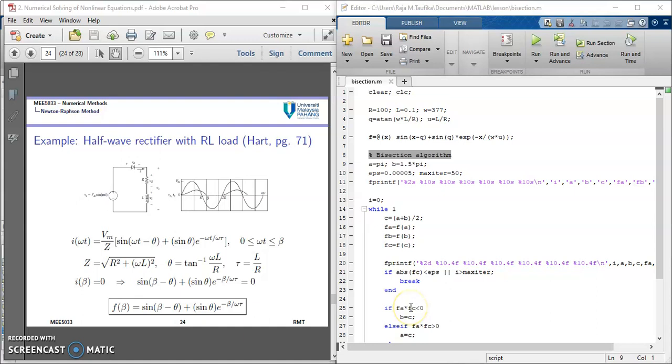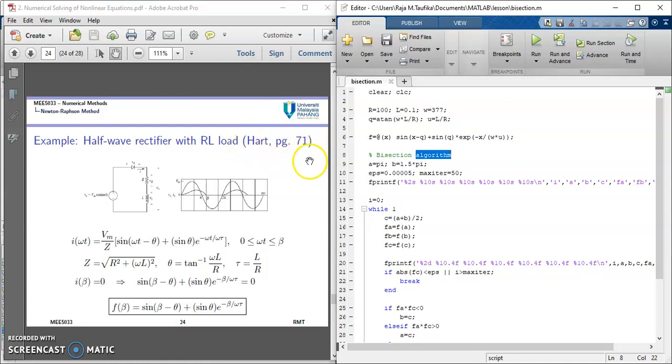This video lesson is actually the continuation of the previous video lesson with regard to the bisection algorithm. In fact, I'm also using the same problem as the example, that is the half wave rectifier with RL load, that can be referred from this textbook.